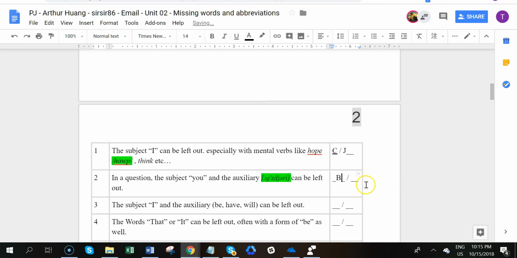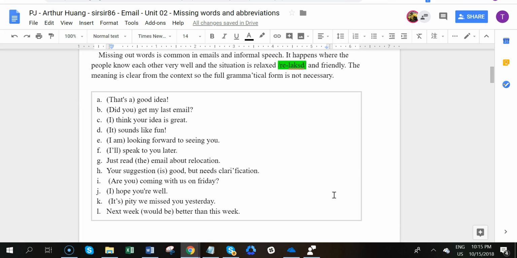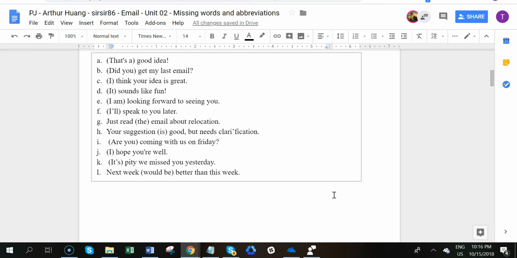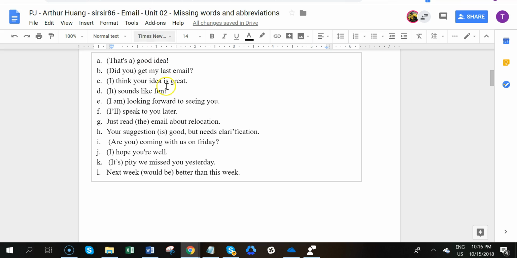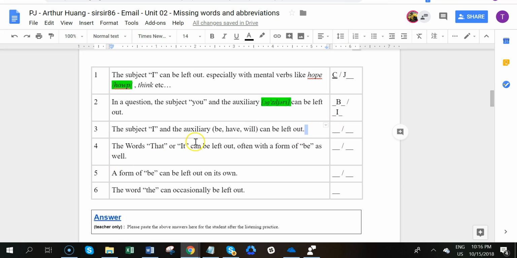So, can you please read number 3? The subject I and the auxiliary be, have, will can be left off. Okay, what do you think? I. Be, have, will. Have. F. And B. Okay.